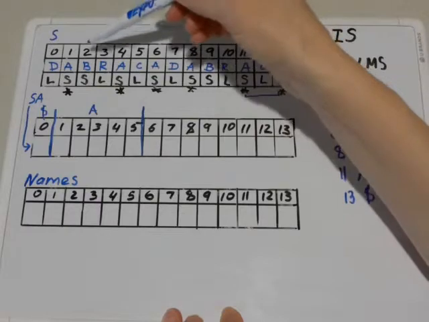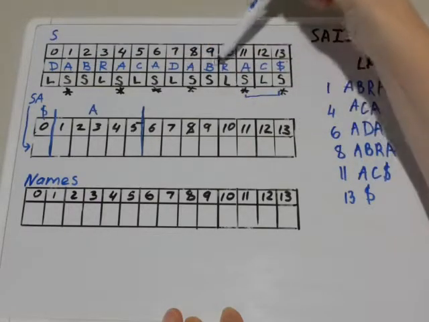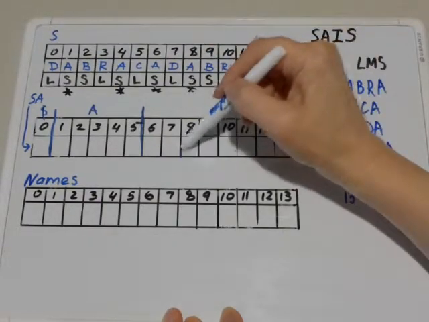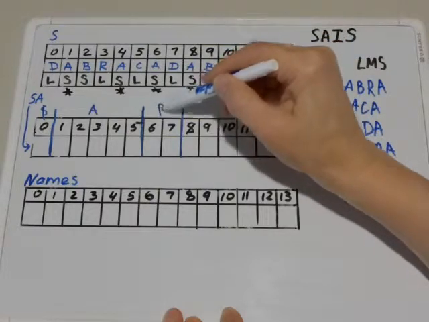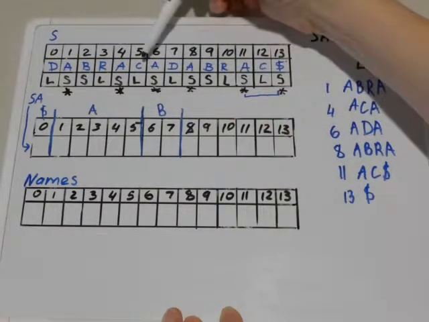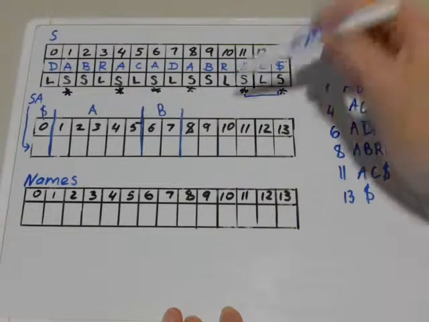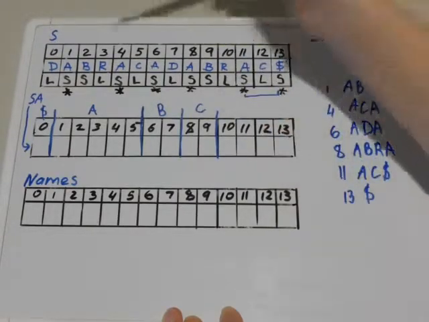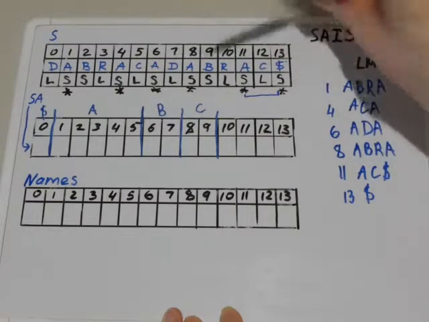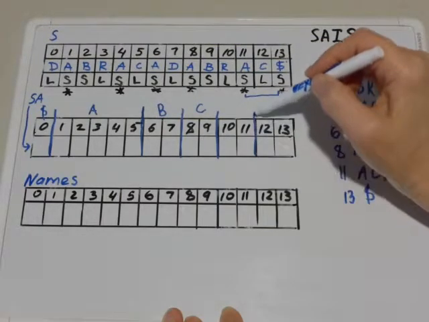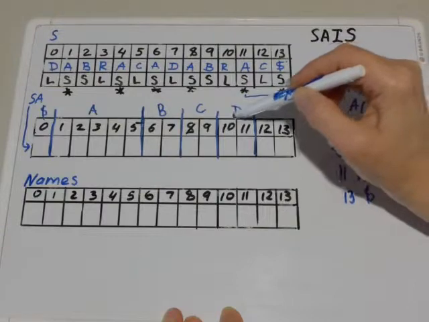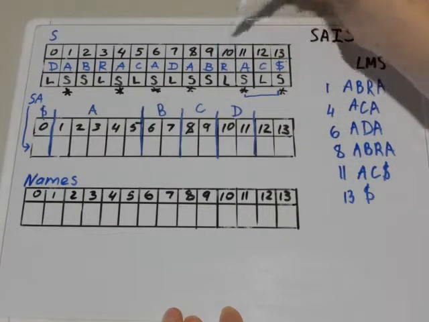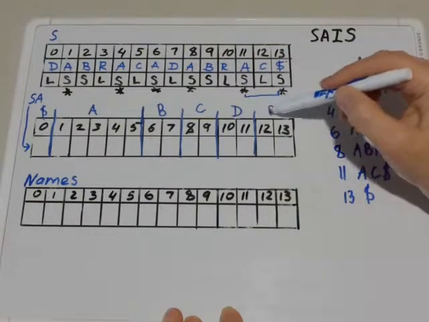Next alphabetical character is B. We have 2 B's. Next alphabetical is C. We have 2 C's. And D, 2 D's. And finally we have 2 R's. This would be the R bucket.